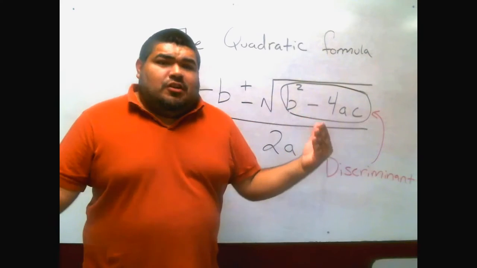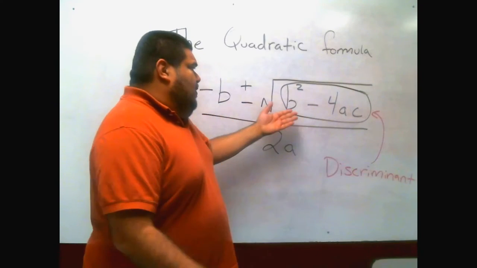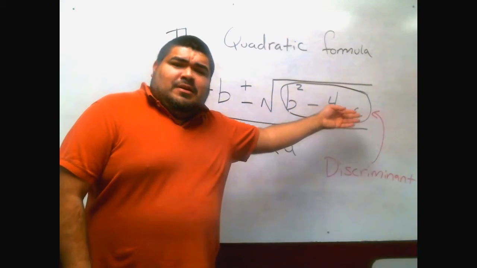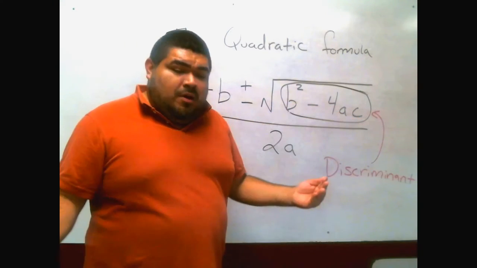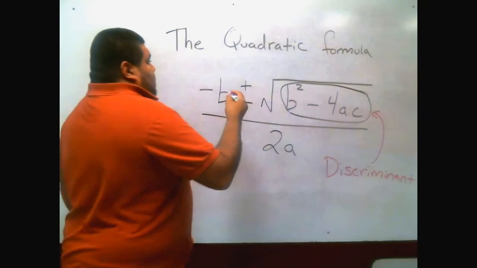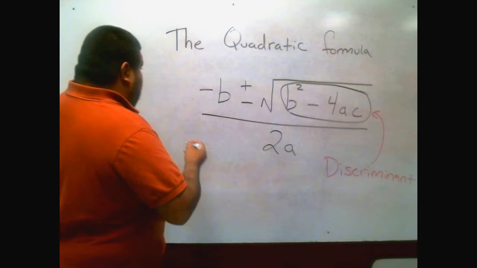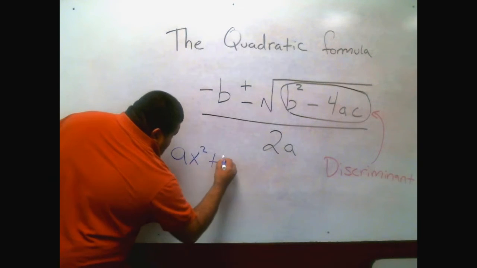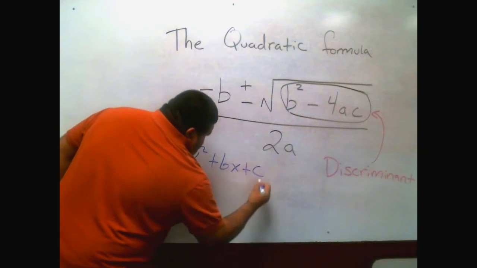You might ask yourself, where are we going to get all these numbers from? Where are we going to get the b from, the a from, and the c from? If you remember, the way we write a quadratic is known as ax squared plus bx plus c.